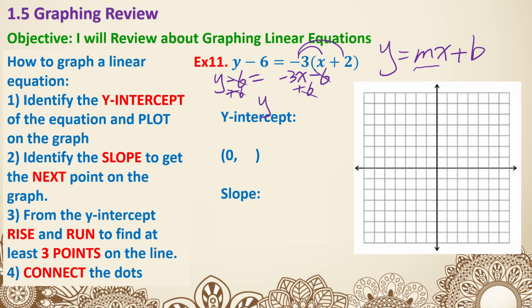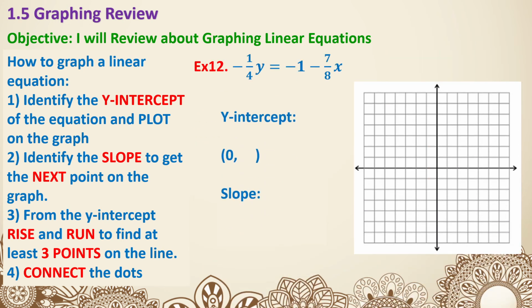So we got y equals -3x. As you can see, there's no number there, so that's got to be a 0, which is why your intercept is going to be 0. And your slope, -3 over 1. So down 3 over 1, down 3 over 1, down 3 over 1, I actually have more points. Right there. That's example 11.